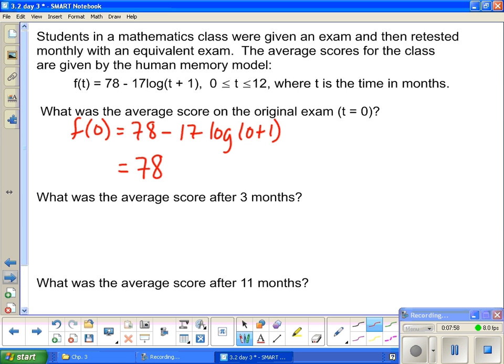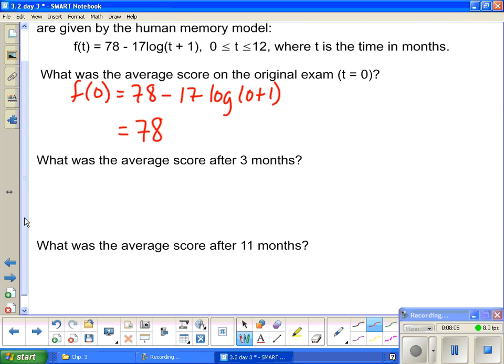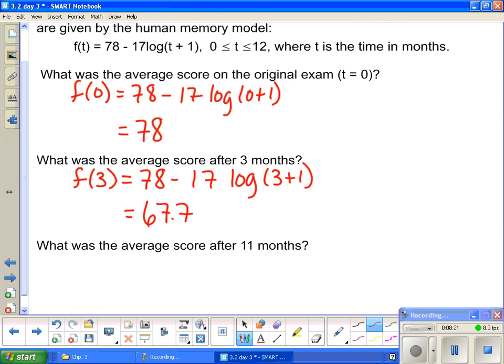Now they're saying without any intervention or restudying, how much is retained by the human memory after 3 months? So I plug in f of 3. 78 minus 17 times log of 3 plus 1. Substitute all that into my calculator, and the average score would be 67.76. So without any review or any intervention, the human memory loses its capacity.